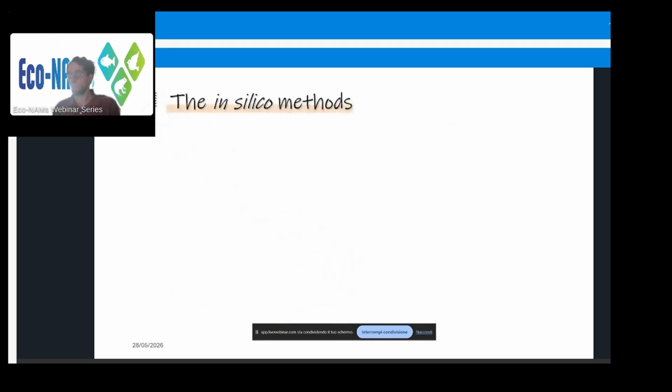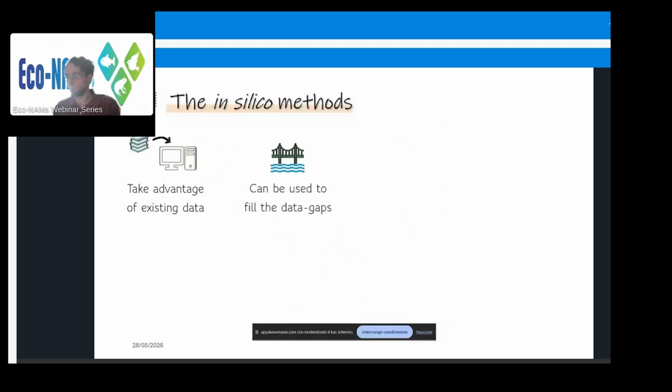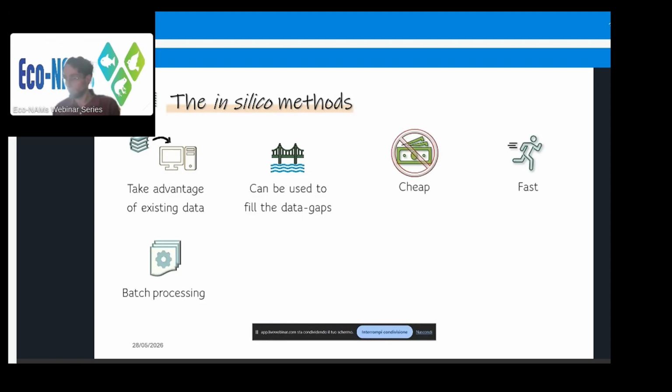In silico methods take advantage of the existing data to fill the data gaps, to predict the missing values. They are cheap, fast. In many cases, they are free of charge and allow the processing of thousands of chemicals simultaneously.